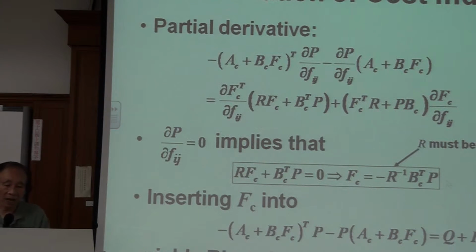I don't want to spend too much time explaining the whole detail of these derivations, because this derivation is nothing but looking at each term of partial P, partial Fij. I is from one to the number of inputs, and J is from one to the number of states.